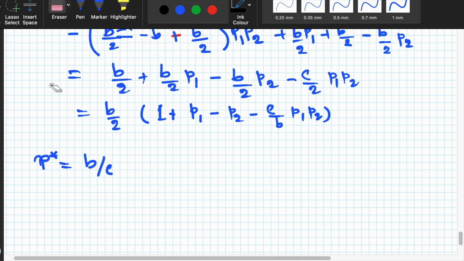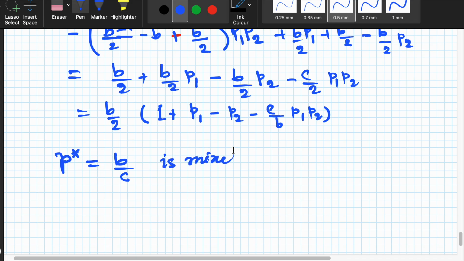Sorry, it is not Nash equilibrium. Here we are trying to find the evolutionary stable strategy. So p star is equal to b by c is the mixed ESS, or say it is an ESS.